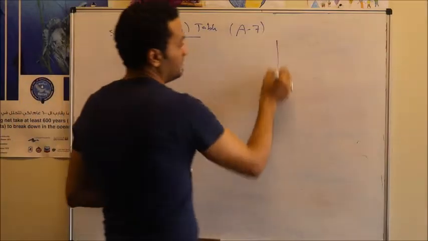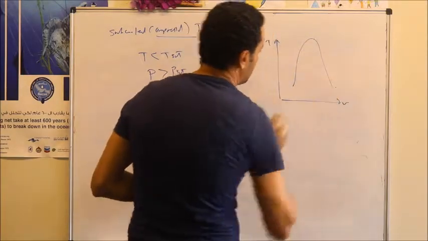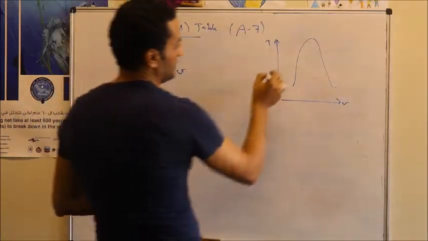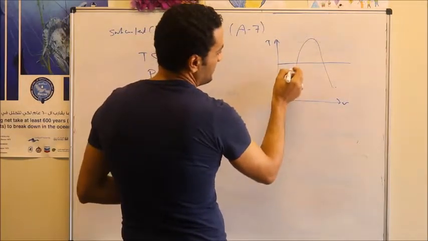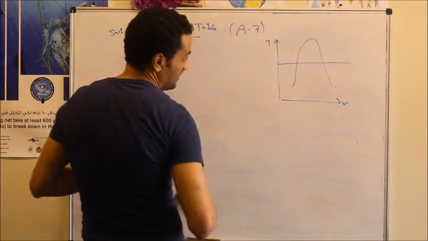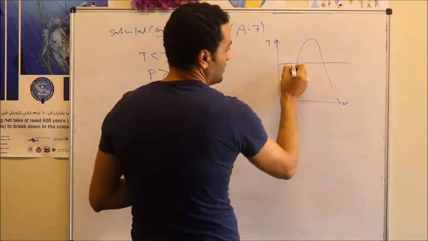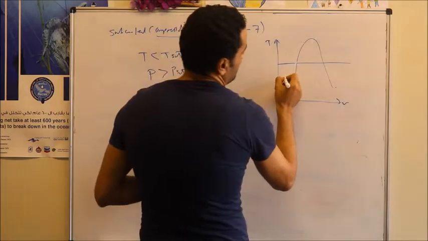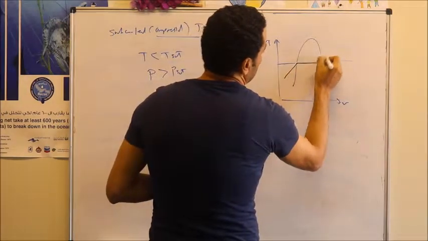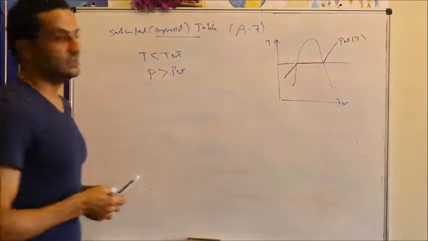How come? If you look here on the PV diagram, this is the saturation curve. At a given temperature here on the TV diagram, this horizontal line represents constant temperature, and this line should represent the saturation pressure at this given temperature.